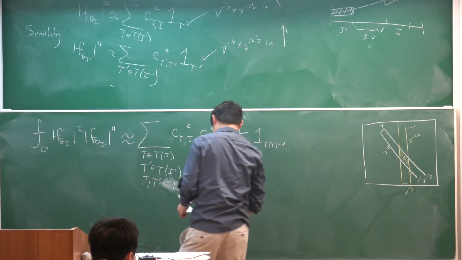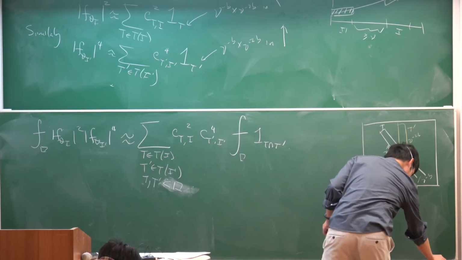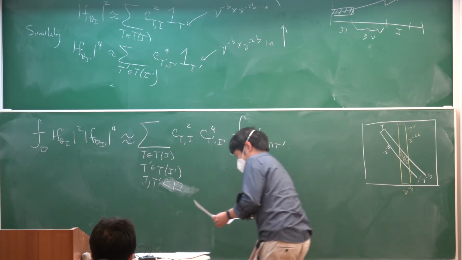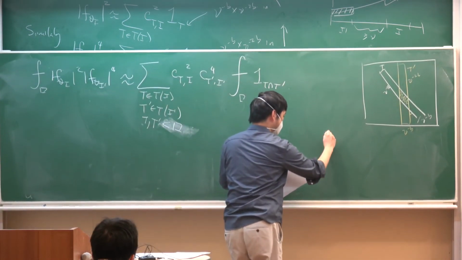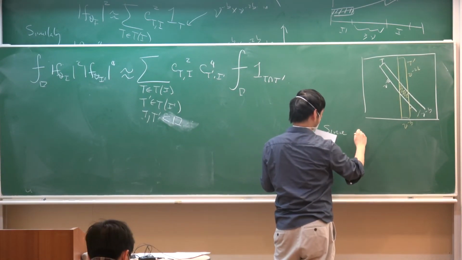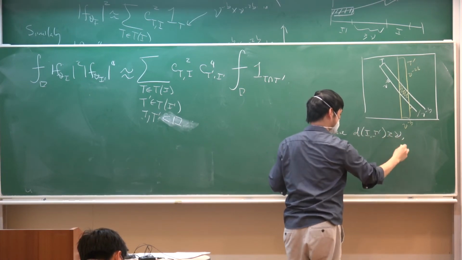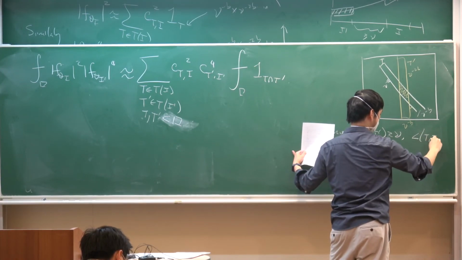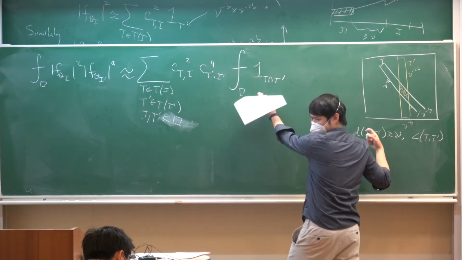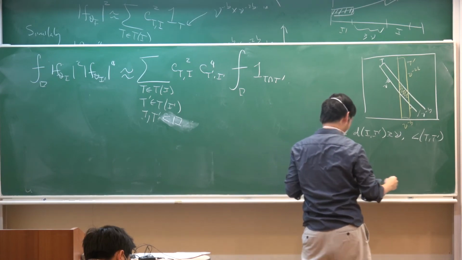So let's write it down. Since the distance between I and I prime is at least nu, the angle between T and T prime that are relevant in this term is also at least nu.